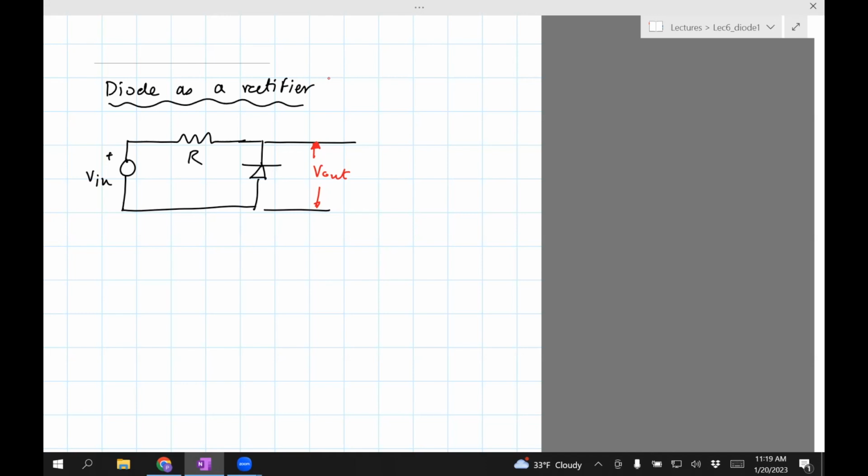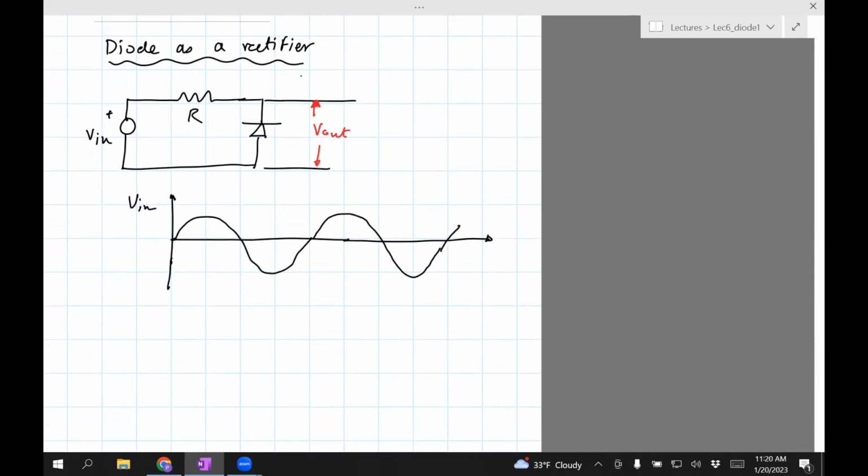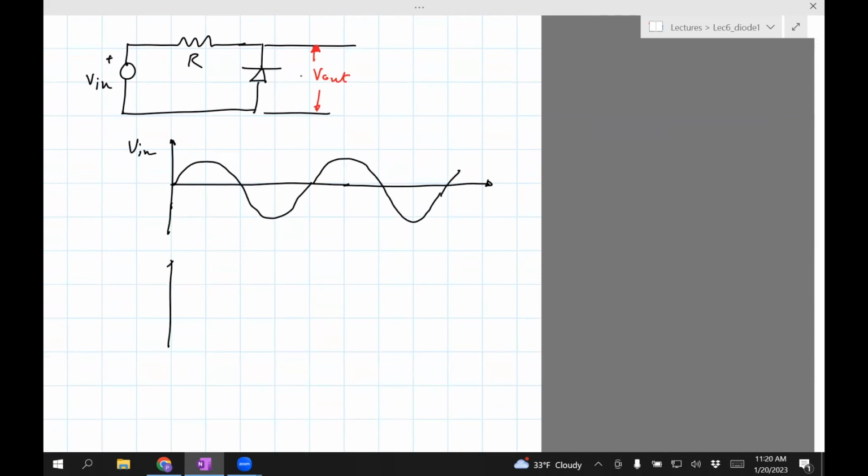Okay, so now we have this circuit, and the question is, if we send a sinusoid input, like this, this is V in, then what is the output?